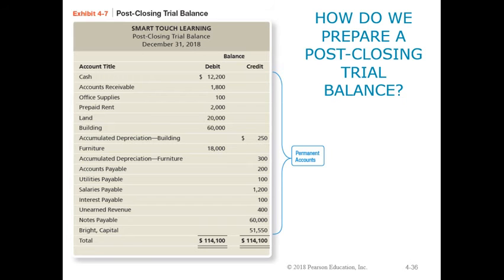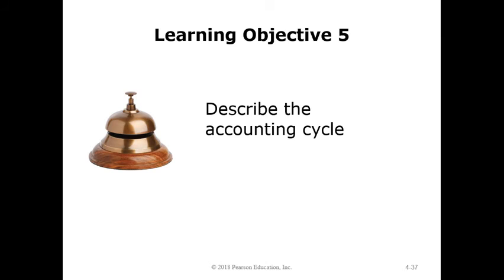So we can see here our post-closing trial balance only indicates our permanent accounts. So we have our asset accounts listed, followed by our liability accounts, followed by that capital account. You'll notice that this looks very, very similar to a balance sheet, and that is because it utilizes all of those balance sheet accounts.